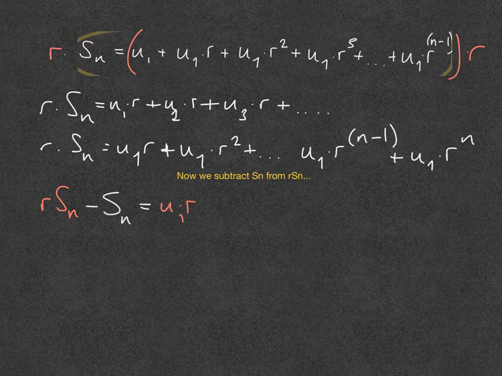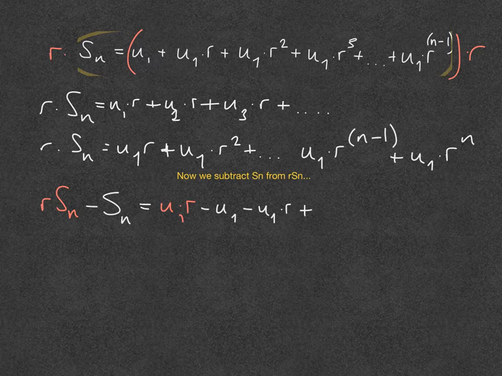This is a term from the last series. And from Sn we subtract u1. And we also subtract u1 multiplied with r while we're at it.